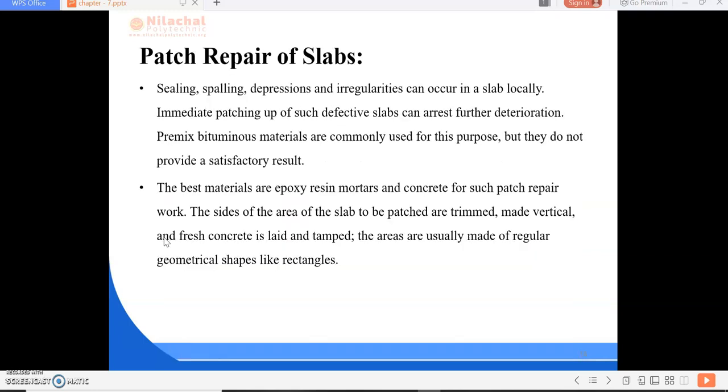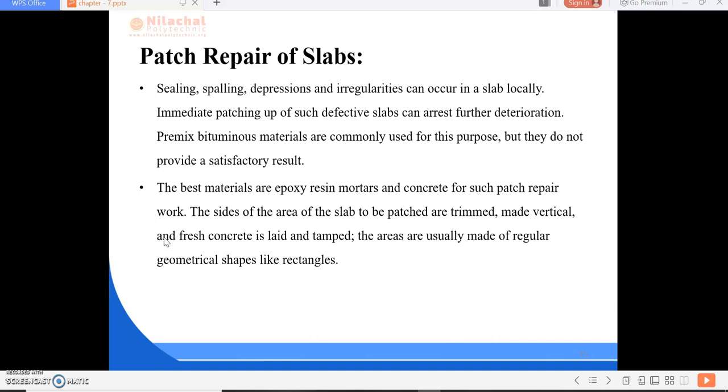Patch repair of slabs: scaling, spalling, depressions, and irregularities can occur in a slab locally. Immediate patching up of such defective slabs can arrest further deterioration. Pre-mixed bituminous materials are commonly used for this purpose, but they don't provide a satisfactory result.